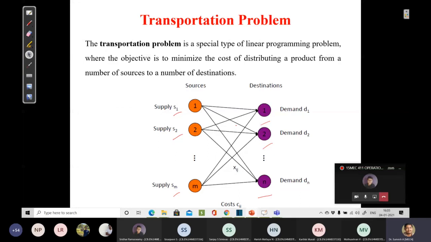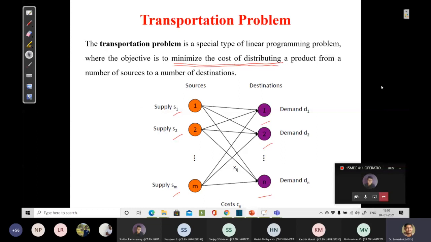So this is what you are primarily targeting in the transportation problem. The transportation problem is a special type of linear programming problem where the objective is to minimize the cost of distributing a product from a number of sources to a number of destinations.